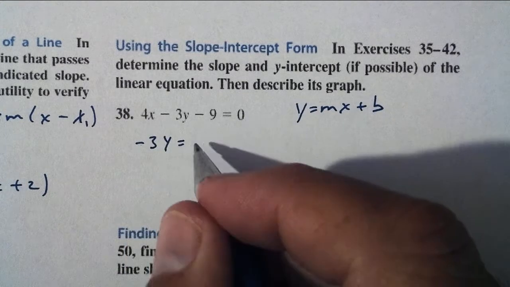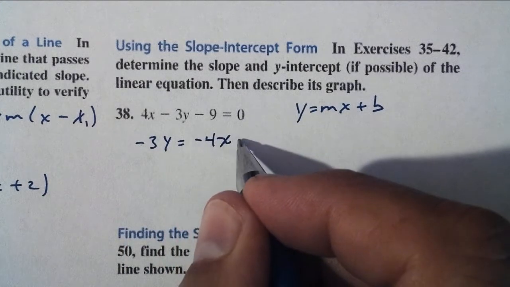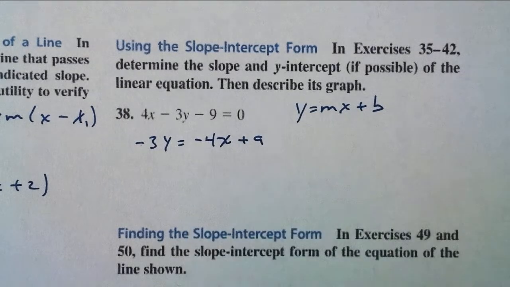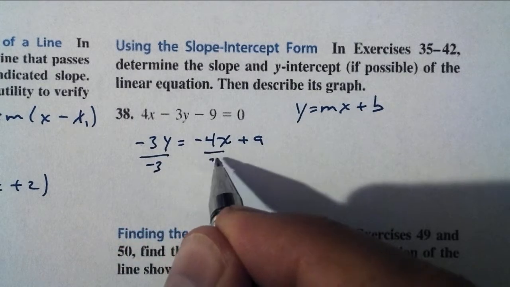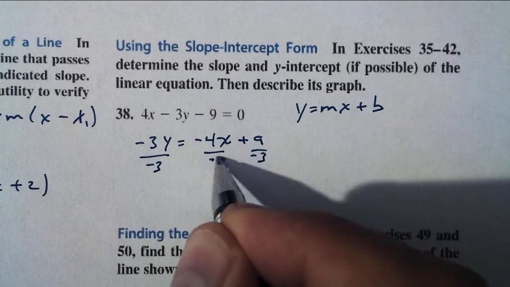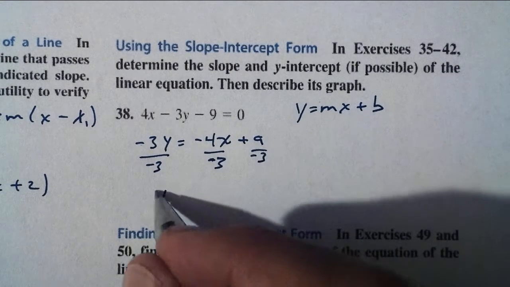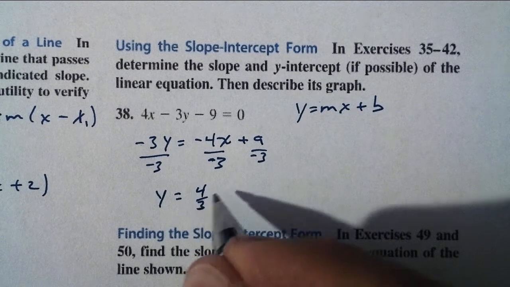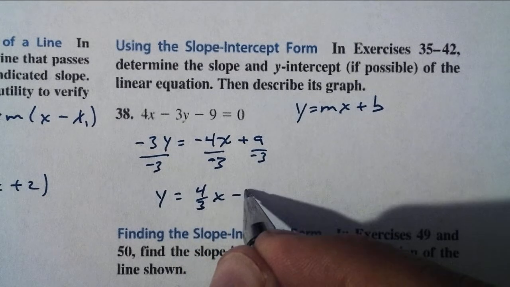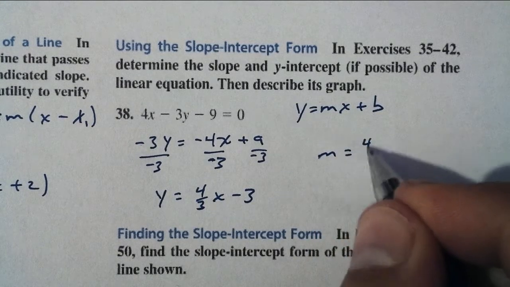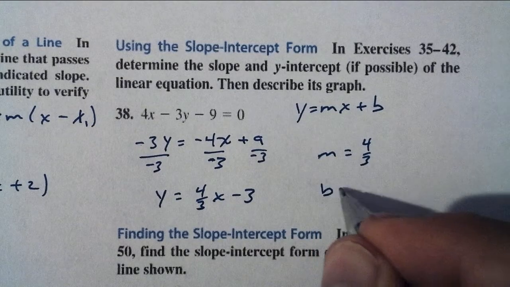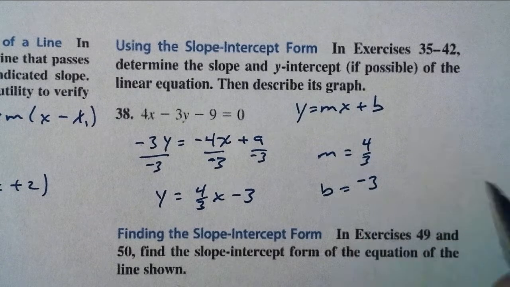I'm going to subtract 4x on both sides, add 9 to both sides, and then divide the entire side by -3. And I get y is 4/3 x minus 3, making my slope 4/3 and my y-intercept -3.